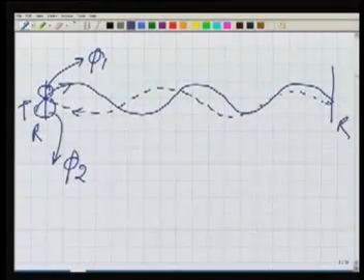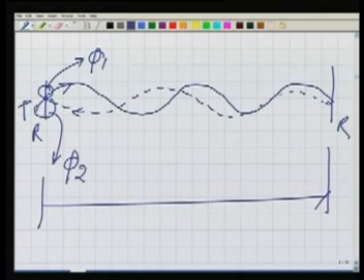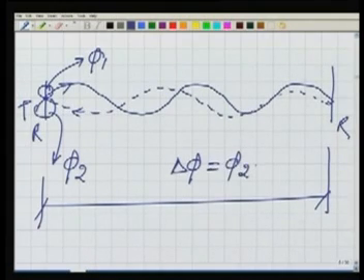Now one very important concept: if the distance between these 2 points is constant, it's not changing, then the phase difference delta phi, which will be phi 2 minus phi 1, will be constant.